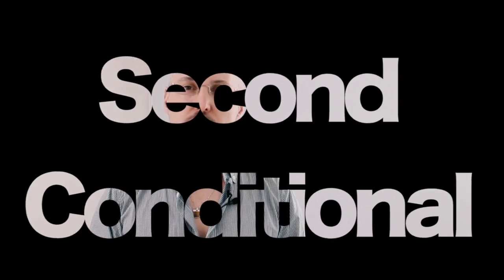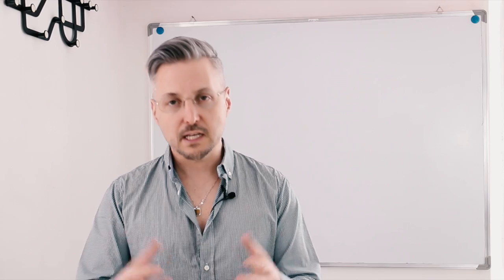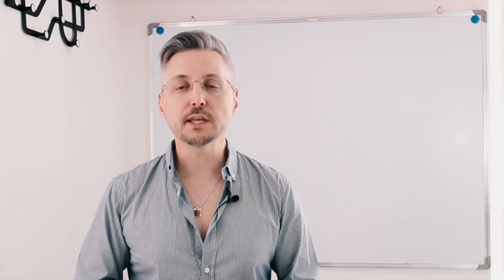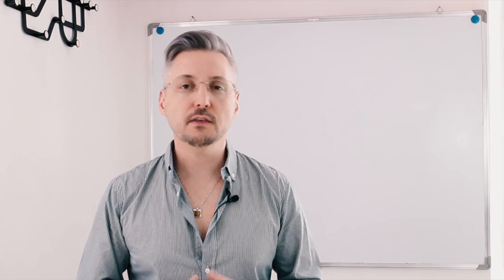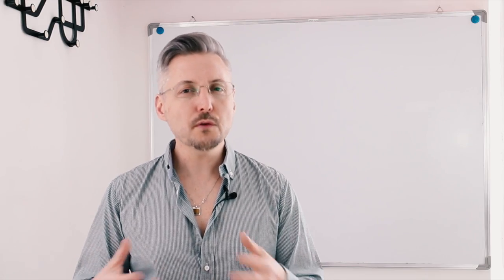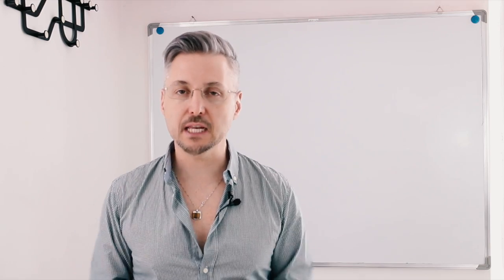The second conditional is for unreal situations that are probably not going to happen. And I talked about the third conditional. The third conditional is for unreal past situations and to formulate what their result might have been.